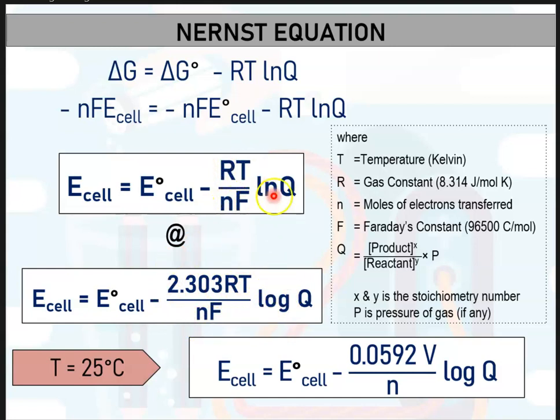If you use this one, it is ln. At temperature 25 degrees Celsius, you can directly get this value because R is constant, T is 25 degrees Celsius, and you will get this value. This one also already has the Faraday solved. So this is the simplified form of this equation at 25 degrees Celsius.